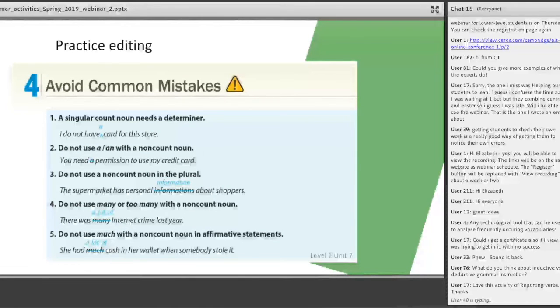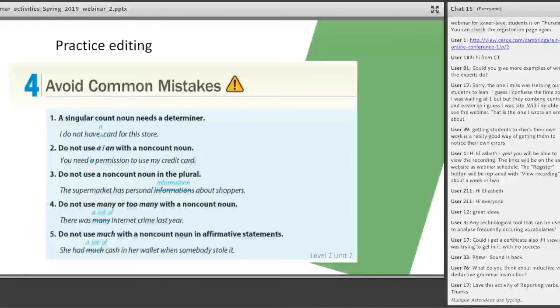So one thing we can do is we can help our learners be aware of frequent or common mistakes that all learners face. And for those of us who have been teaching for a long time or working with a particular language group, we know what errors are going to be typical. But as we change language groups, or as we have a group of lots of different learners, or maybe we're a new teacher, we may not be as aware.